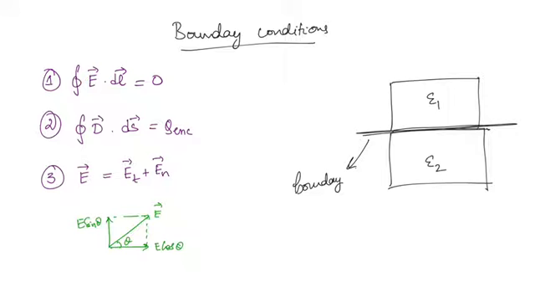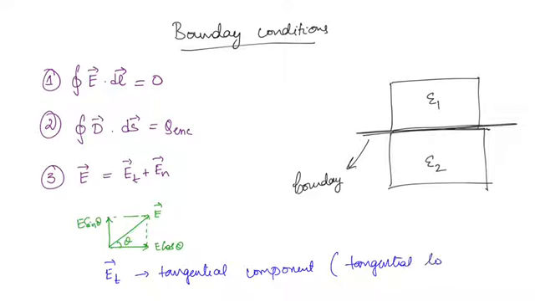Now similarly, Et and En are orthogonal components. Et bar is the tangential component, which is in a direction tangential to the medium interface, that is the boundary.